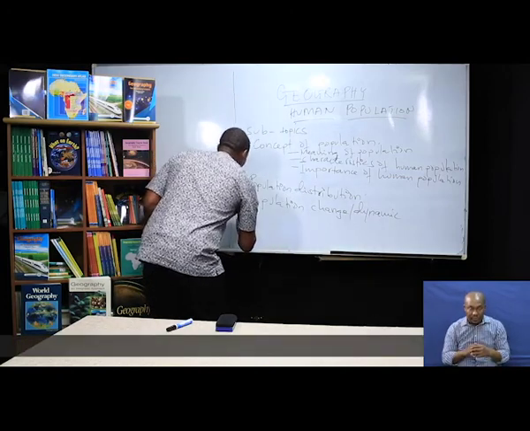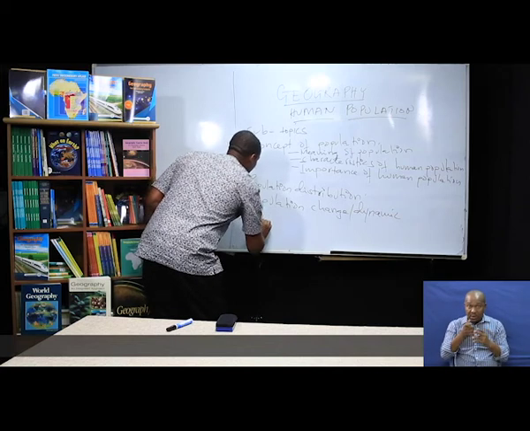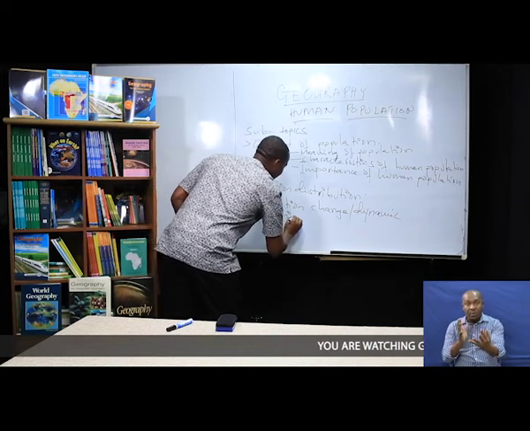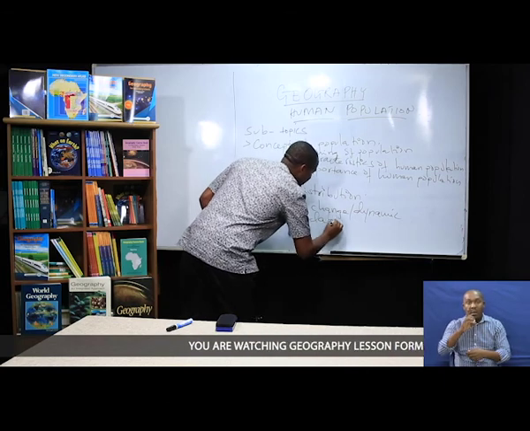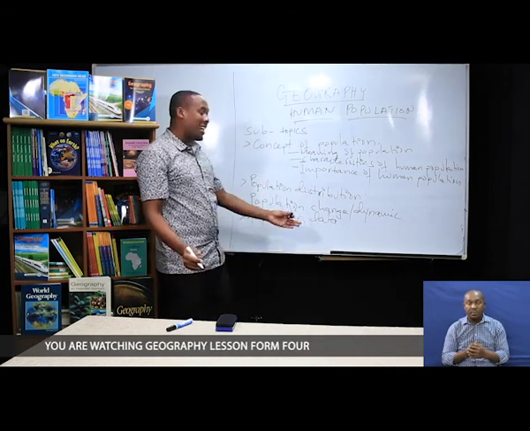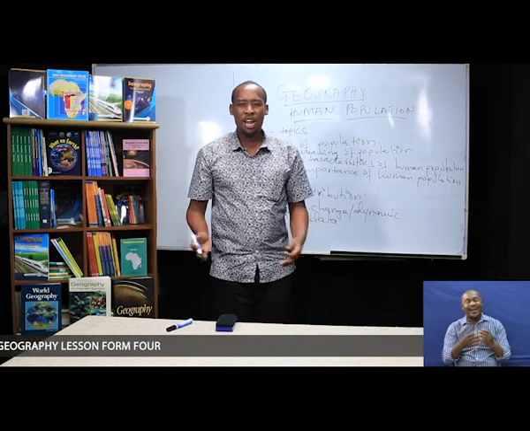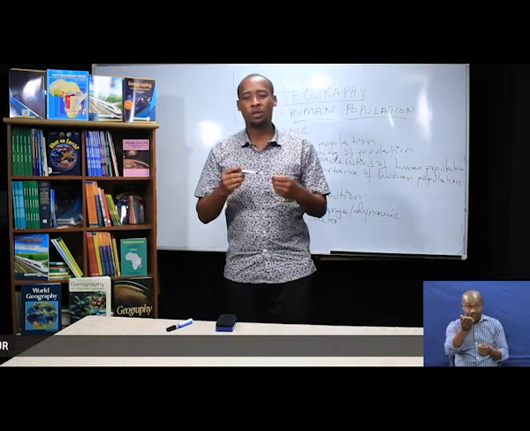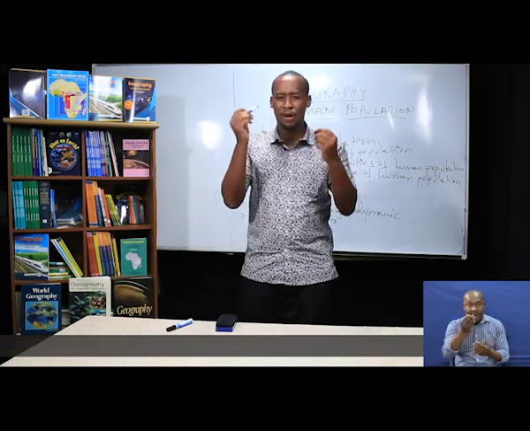Then after that we have another subtopic, that is population data. Now here in population data, it is very simple. I know you are aware of what data is: factual information.